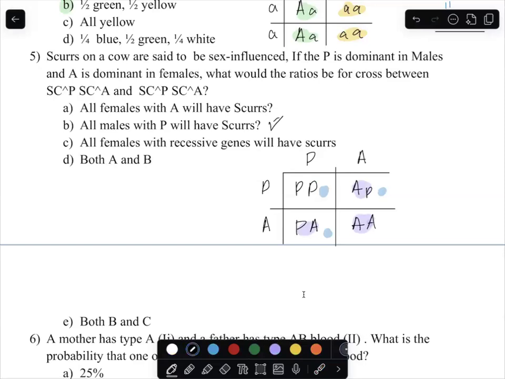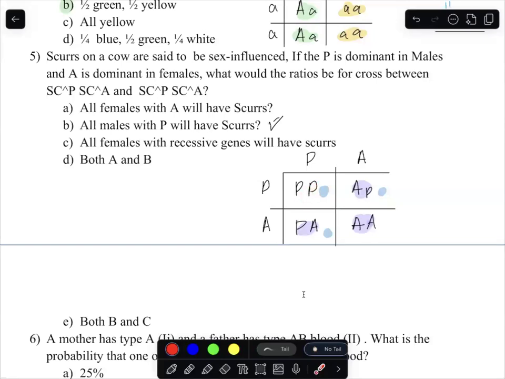So all females with recessive genes will have scurs. All females. Yes, because here is a recessive gene in females.